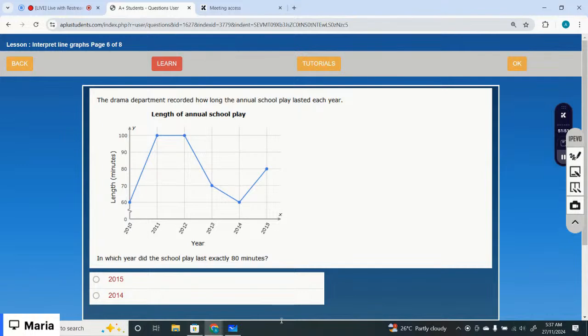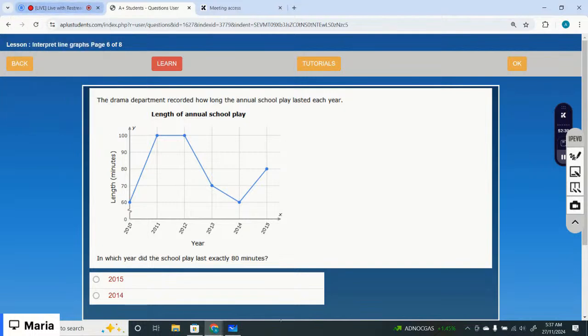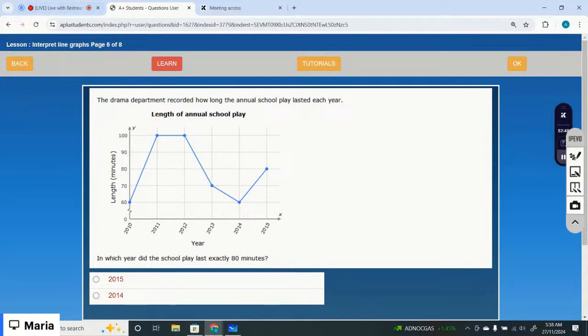So, which is the correct option? 2015 is the correct option.